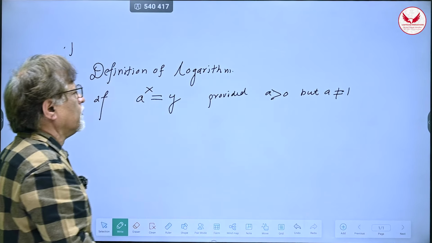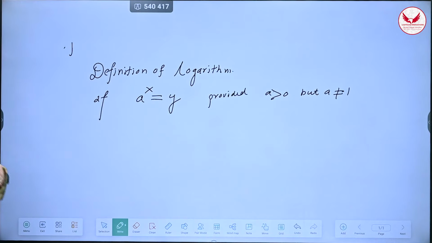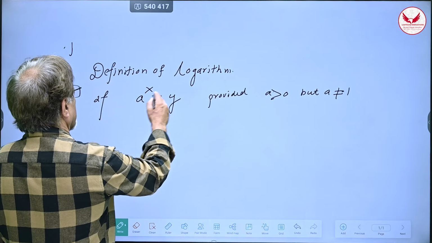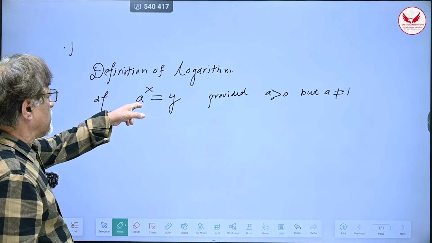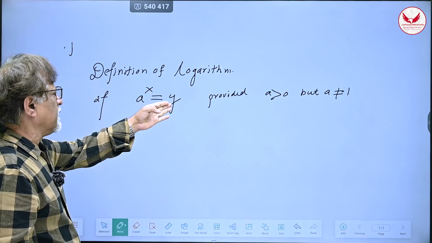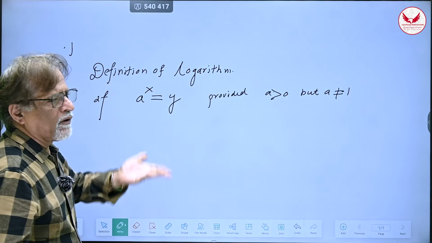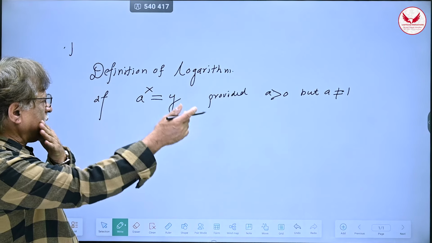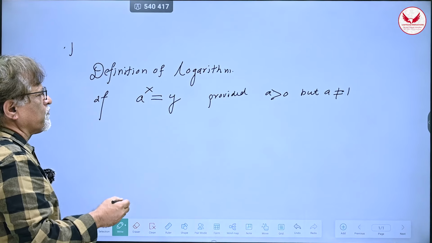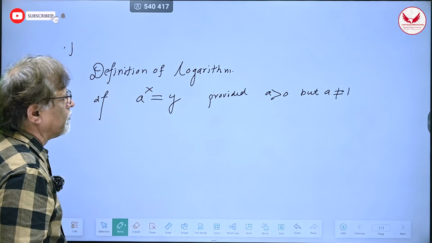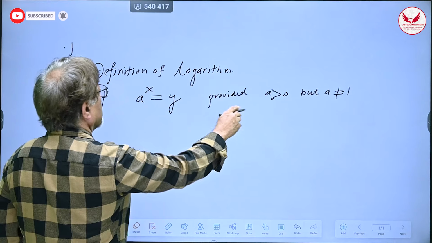I already told you the dangers of taking a to be 1. Although it is positive, we are not allowed to take 1 there. Okay. Because if it is taken 1, 1 raised to 100 is also 1, 1 raised to 1000 is also 1. So we will not get any unique answer for that. Okay. So, therefore, a raised to x is equal to y provided a is greater than 0 and provided a is not equal to 1.